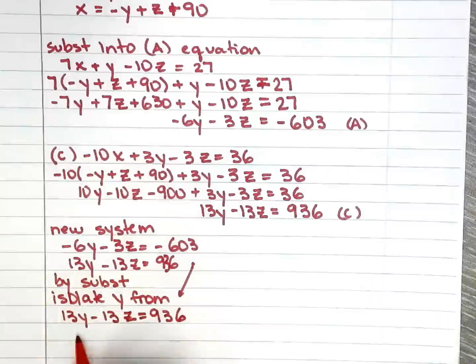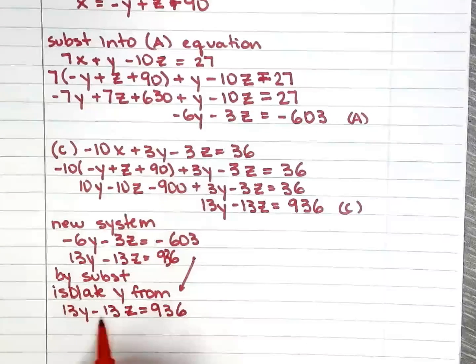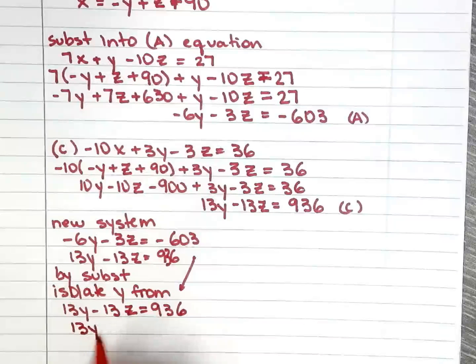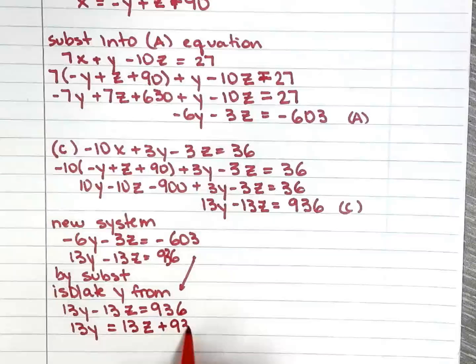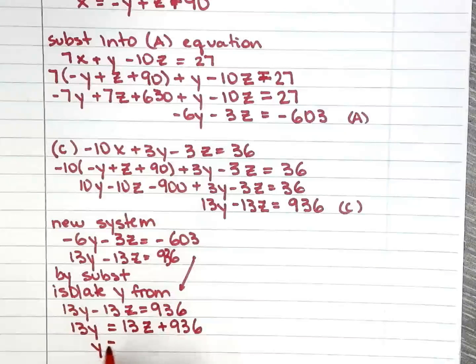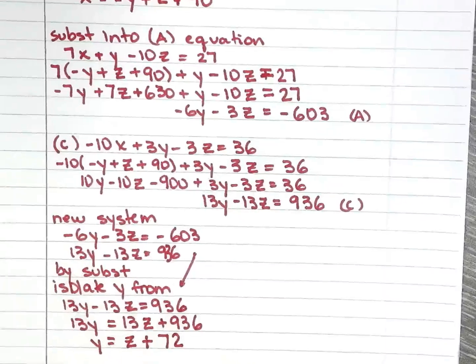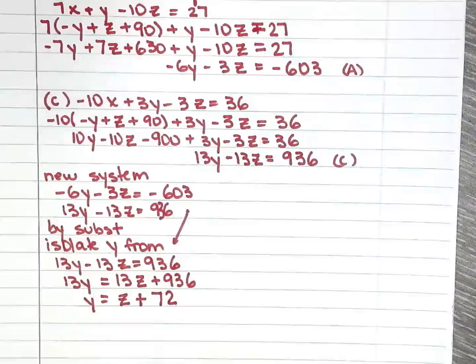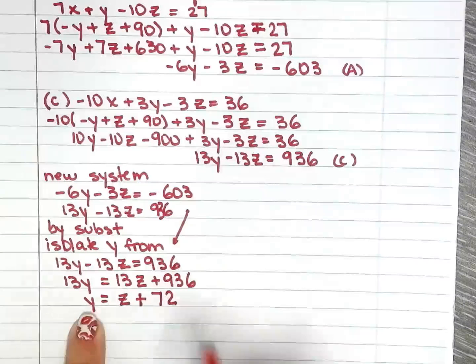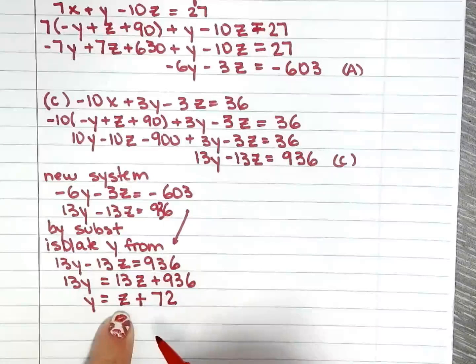So I have to add 13z to both sides. Divide both sides by 13. Yay! So now I go back and I find the value.